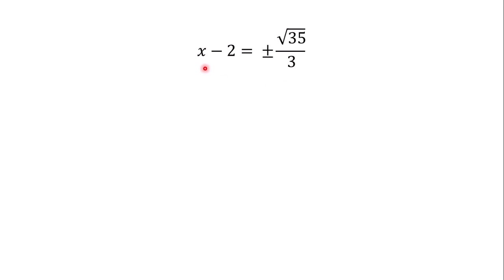So the value for x is going to be: x will be equal to square root of 35 over 3 plus 2, that is when we take this one as positive, or x will be equal to 2 minus square root of 35 over 3, that is when you take this one as what? Negative. So for the first one, which is the plus, it is going to be this one plus 2. And for the next one, which is the negative, it is going to be 2 minus what? This.